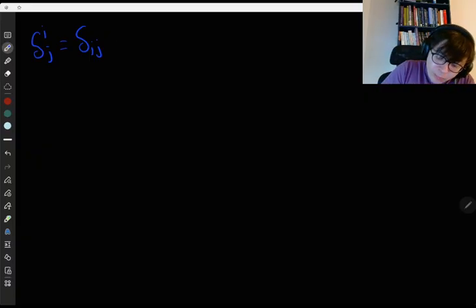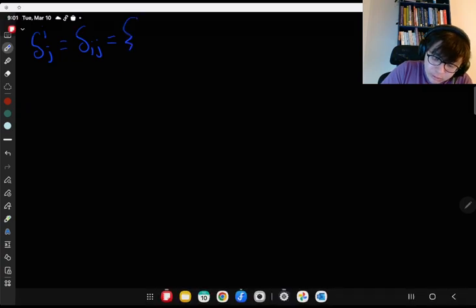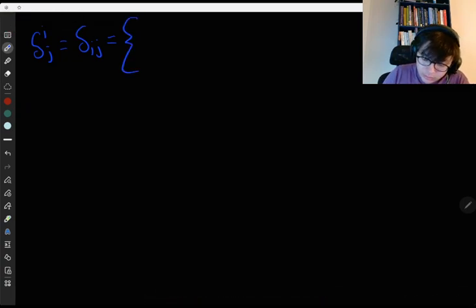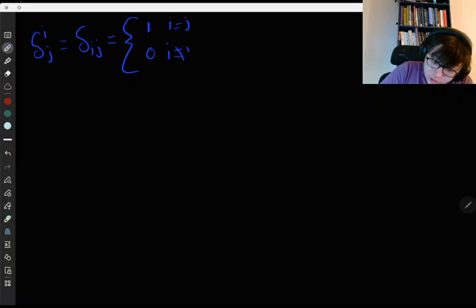And this symbol has the property that if i equals j, it's 1. Oops, I put a 0. And you'll see why I put a 0 right at the top. It's the next one. And it's 0 if i doesn't equal j.